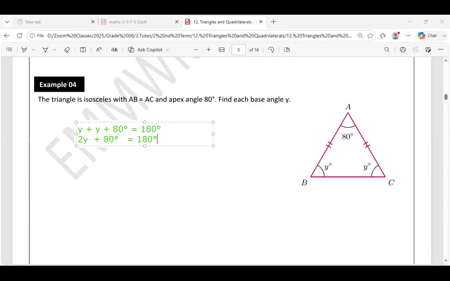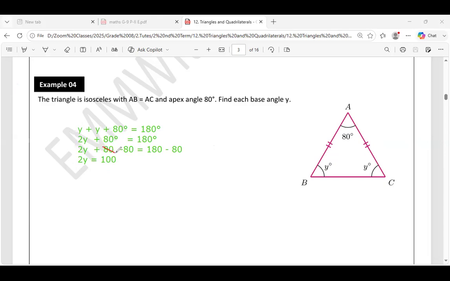So how do you find the value? You need to isolate 2y on your left hand side. Now you have positive 80, so subtract 80 from both sides. 180 minus 80. Then 2y is equal to 180 minus 80, 100.